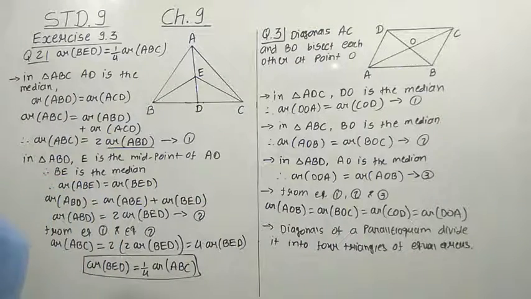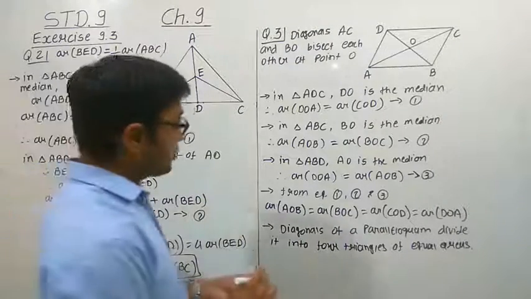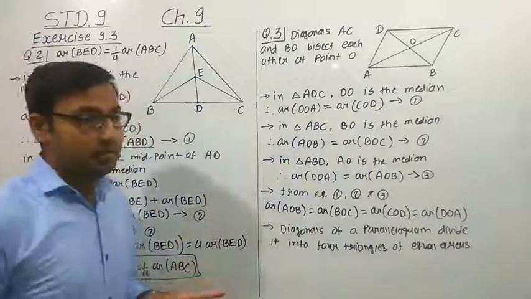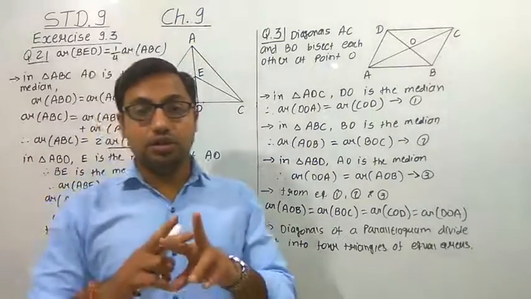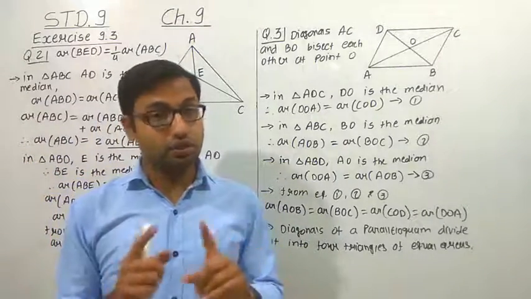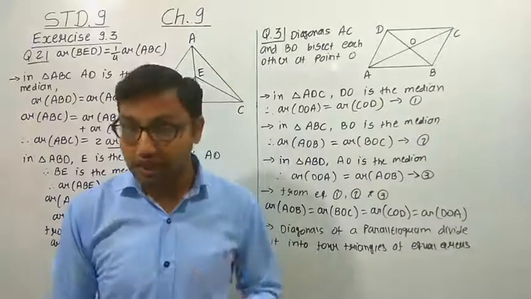That is the result that we have proved here. The concept is simple. If we have a triangle and there is a median, then the triangle is divided into two triangles and both the triangles have equal area.